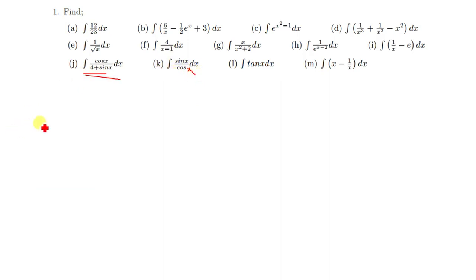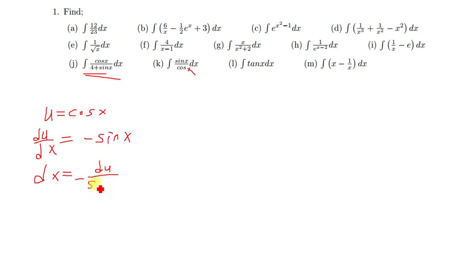So in short, I'm going to make my u be equal to the denominator there, cos x. So meaning du dx is going to be equal to negative sine x. So my dx will now be equal to du over sine x.